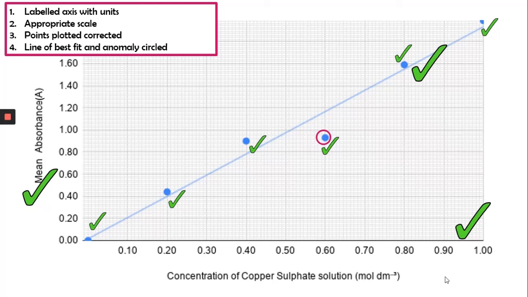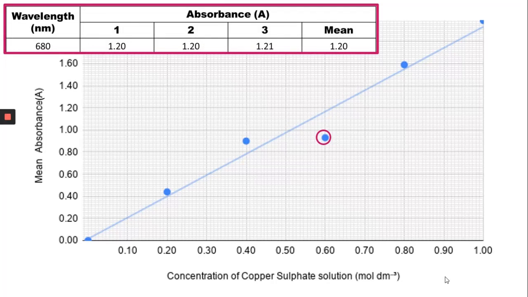From your calibration curve, you can then calculate the concentration of copper 2+ ions in the river water. Here's the result for the river water using the 680 nanometer filter. From this, you draw a line from 1.2 ARBs to the line of best fit and down to the x-axis.